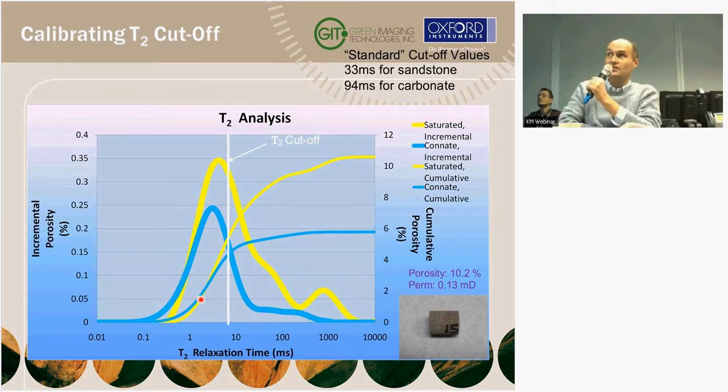If you put a cutoff at 9, you assume that all these pores in fact contain only bound fluid. So my question is, is there a better approach to take into account also these effects?